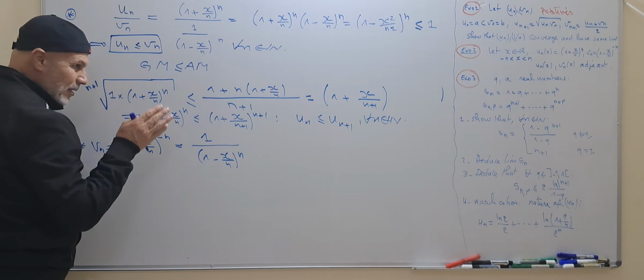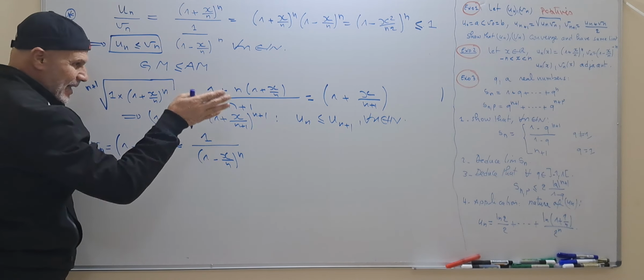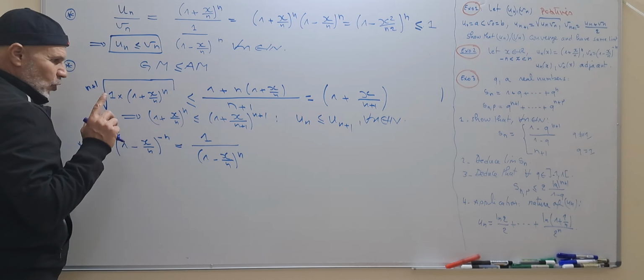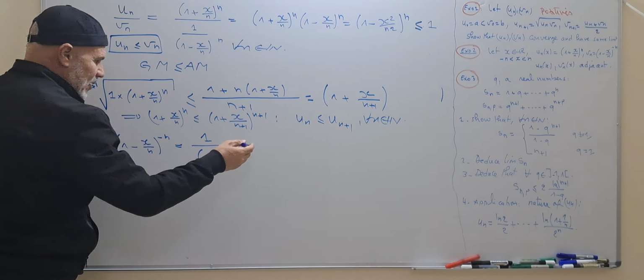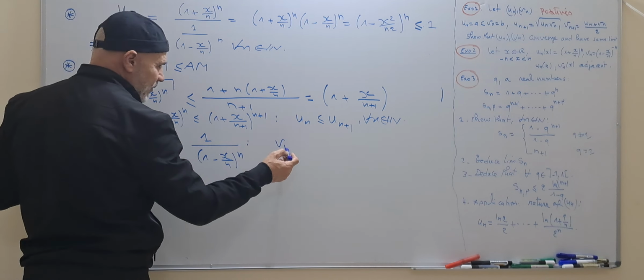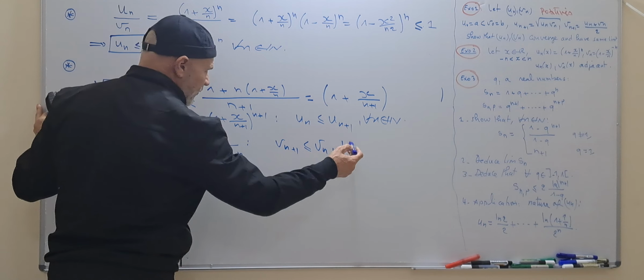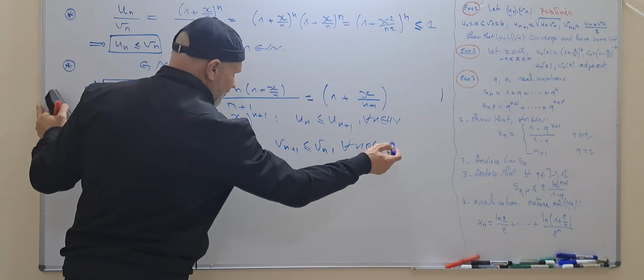This one will be non-decreasing, so the inverse will be non-increasing. We can say that Vn+1 is less than or equal to Vn for all n in N.